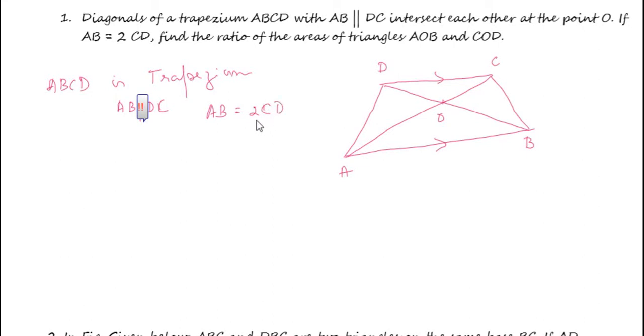Side AB is 2 times side CD. Now we have to find the ratio of area AOB to area COD, that is this area and this area.